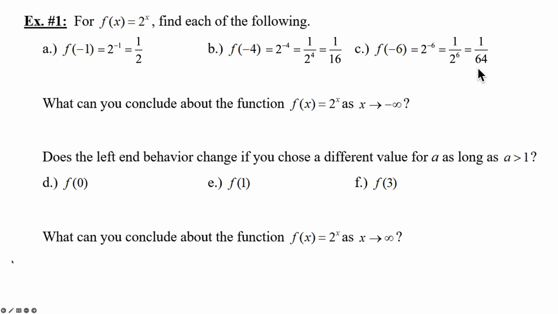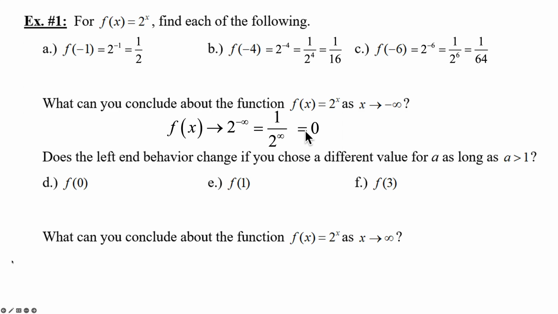That's 1/64. What can you conclude about the function f of x equals 2 to the x as x approaches negative infinity? Wait a minute, we saw this before. When I have a 1 on the top and my denominator keeps getting bigger and bigger and bigger, we're approaching 0.